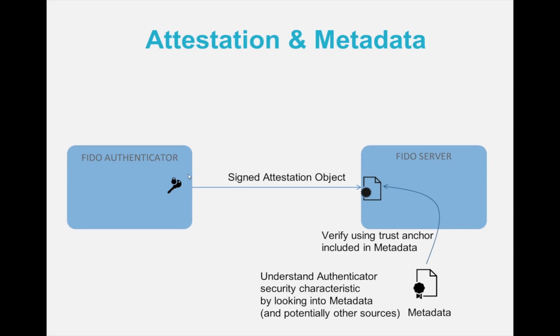So the authenticator itself provides a cryptographic proof to the FIDO server, and the FIDO server looks up in the metadata additional information about that authenticator. For example, what kind of user verification method is implemented in that authenticator, or what kind of combination of user verification methods is implemented. And also, is this authenticator implemented using a secure element or TEE, or is it just normal software running in a rich operating system?